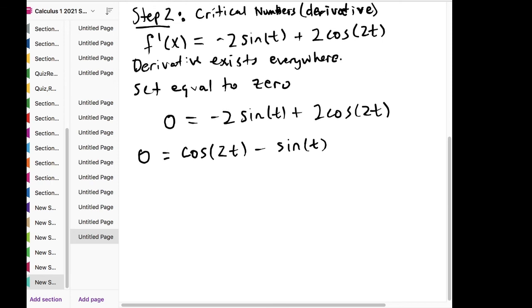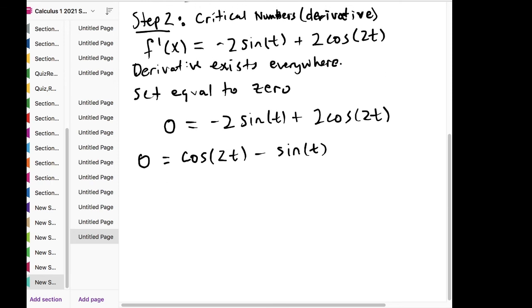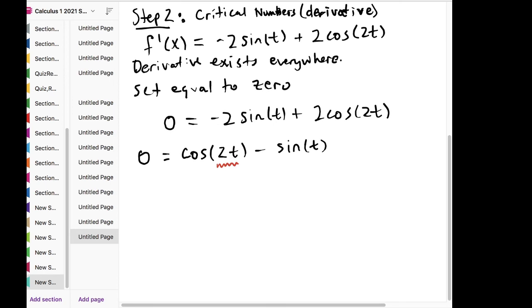All right, how do you solve this? Any ideas? What do you do with that 2t? What do you think? Yeah, double angle.